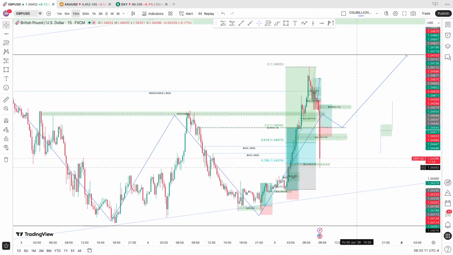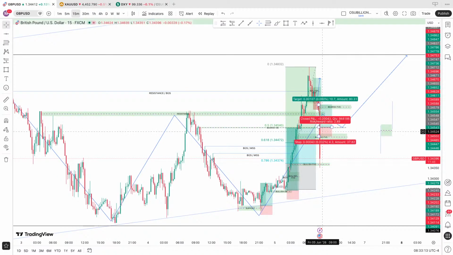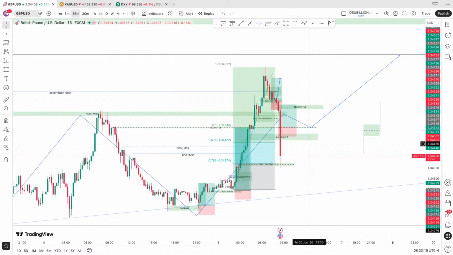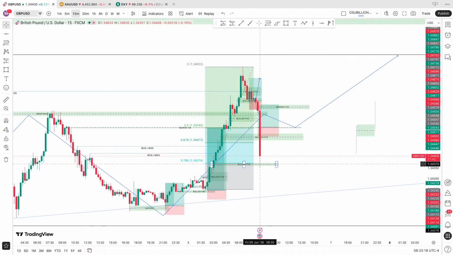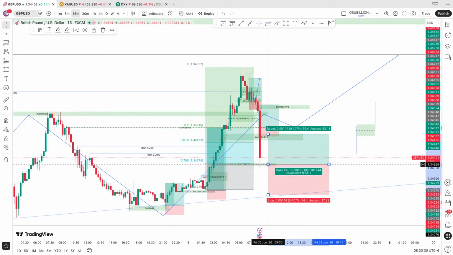In this case, based on this full bullish fair value gap, I am predicting that we can have a pullback into this fair value gap here. So I actually took a trade from here.